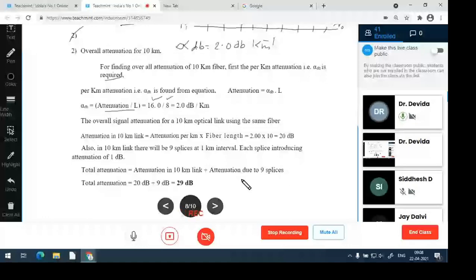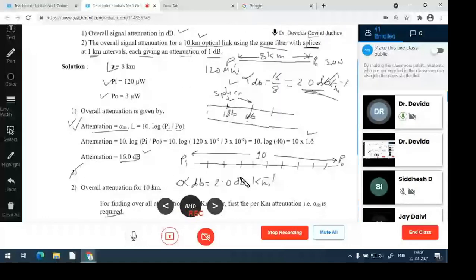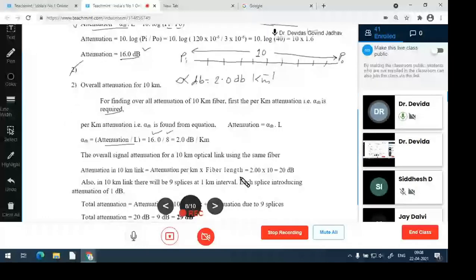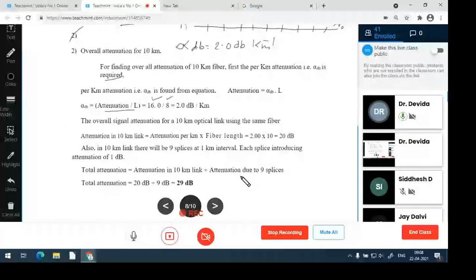So for 8 kilometer fiber, attenuation is 16 dB. The same fiber is used here. So we'll use the data, that is 16 by 8 is 2 dB per kilometer. Alpha dB is found out.